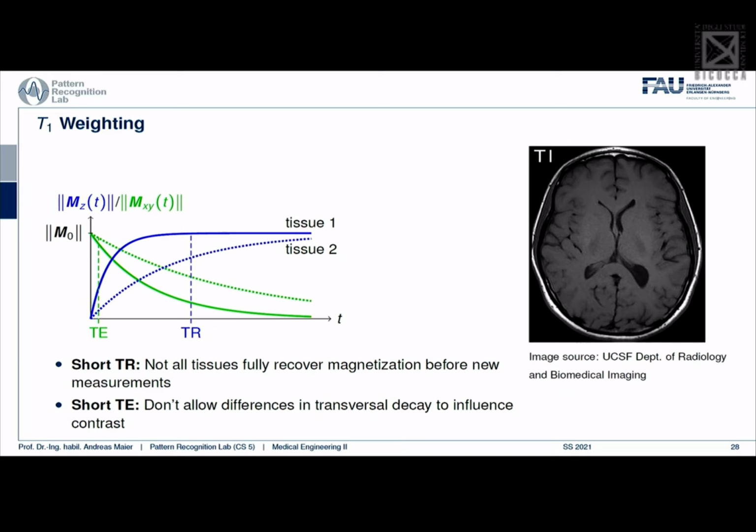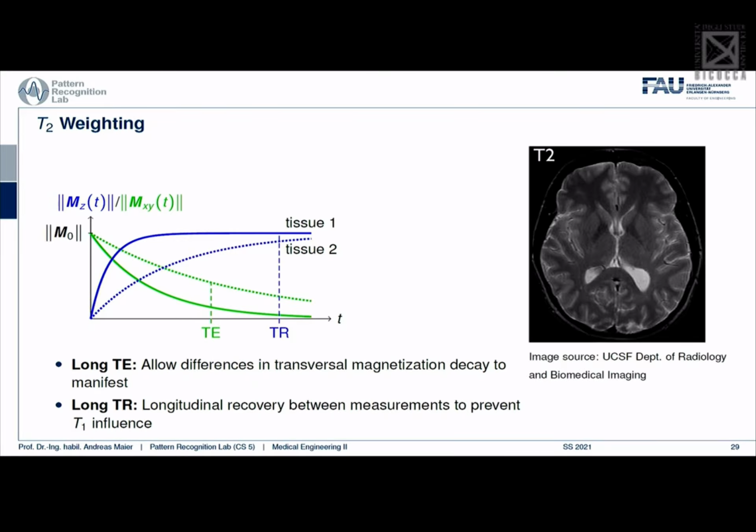In this way, you get a T1 weighted image. It's the opposite to acquire a T2 weighted image.